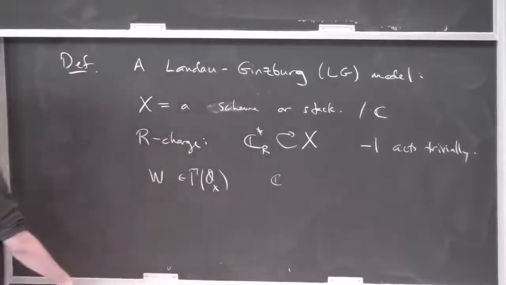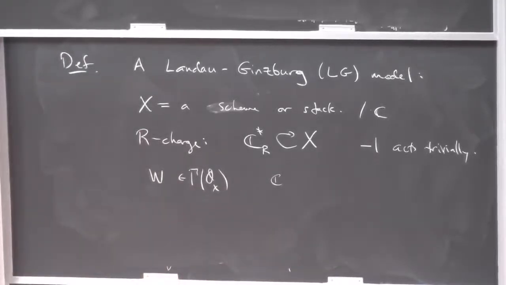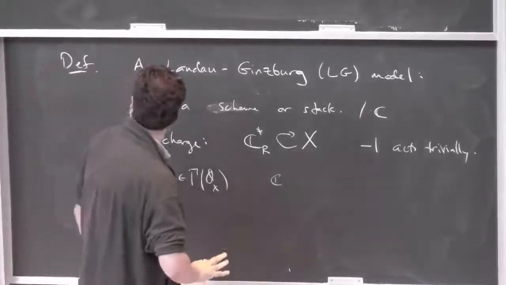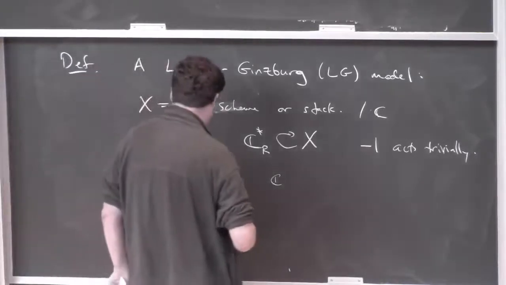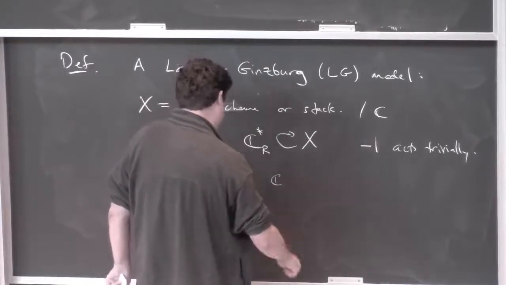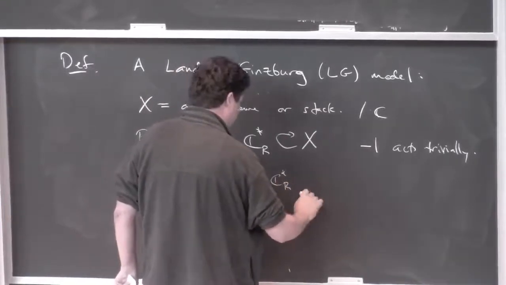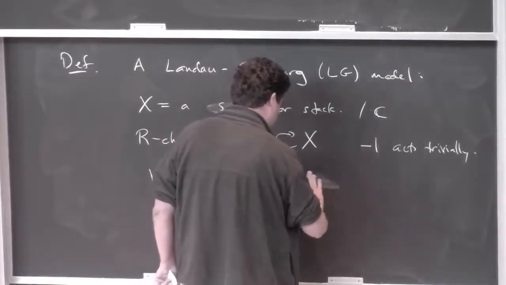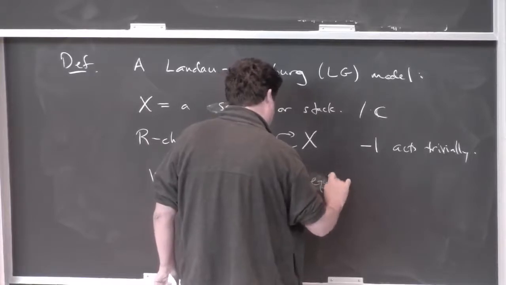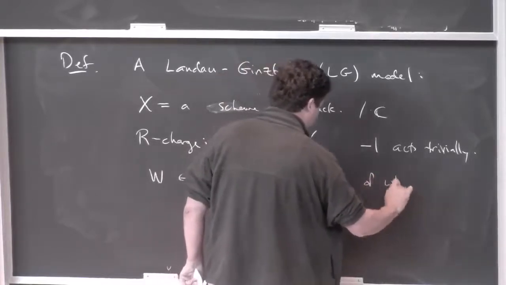I assume you all figured out that C star is just the group C minus 0, in case anyone was upset about that; it's sometimes denoted C cross. That was for Ed's lecture yesterday. So W is going to be C star R equivariant of weight 2.